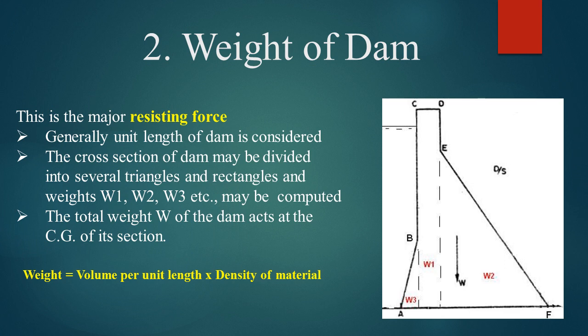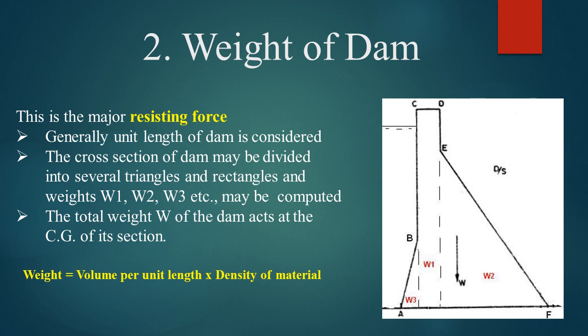This straight rectangular part has been named W1, and the rest of this triangular part has been named W3. So by dividing into several triangles and rectangles, the weights can be computed easily.